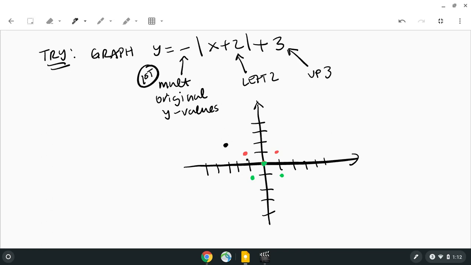Left 2, 1, 2, up 3, 1, 2, 3. And this one as well. Left 2, 1, 2, up 3, 1, 2, 3. So we have these 3 black points. I'm going to go ahead and do my final graph. So that's what it should look like.